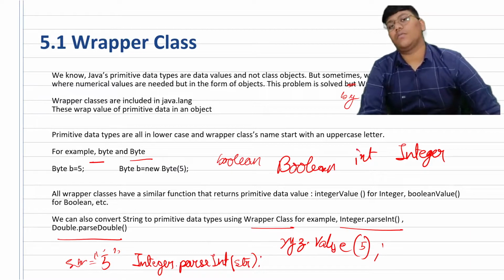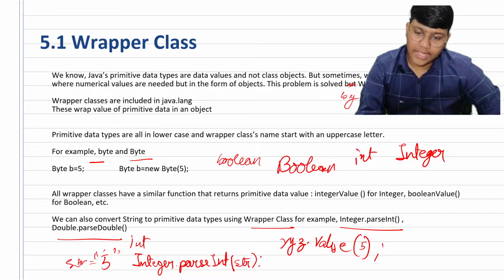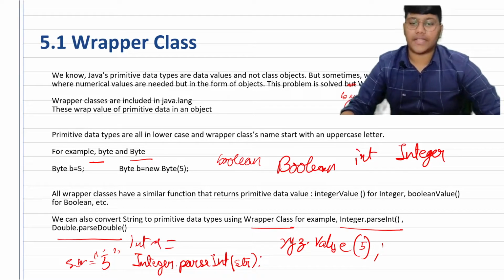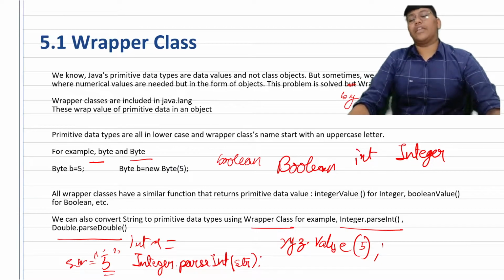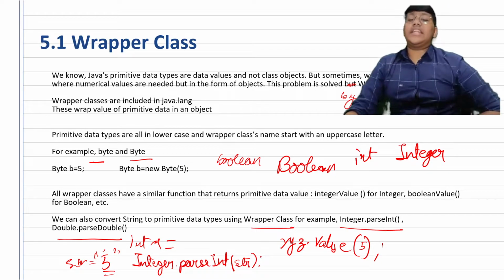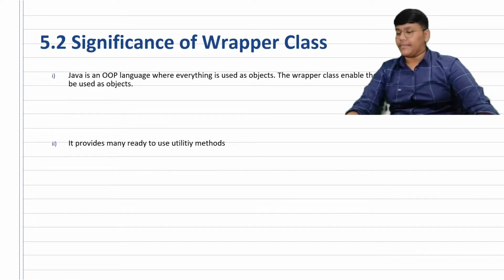So now the int value will become, for example, int x equal to Integer dot parseInt str. So x will become 5. We have successfully converted string to primitive data type, int.